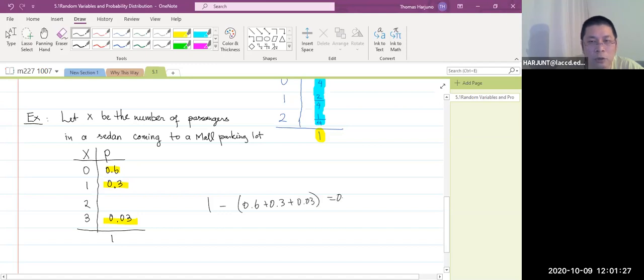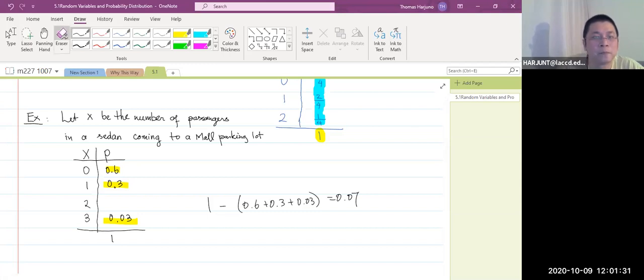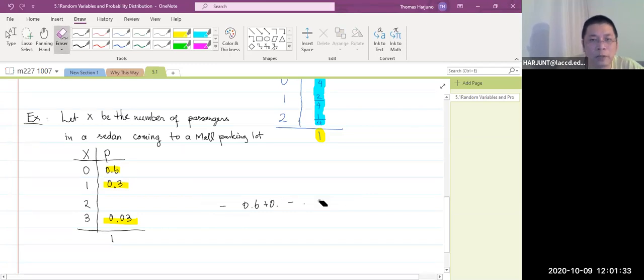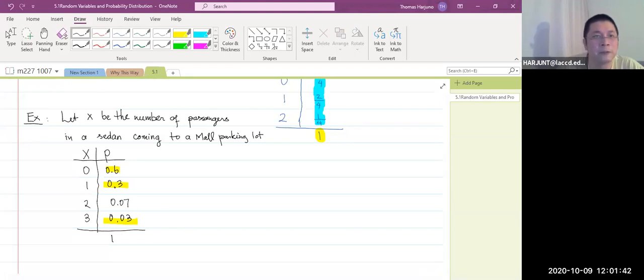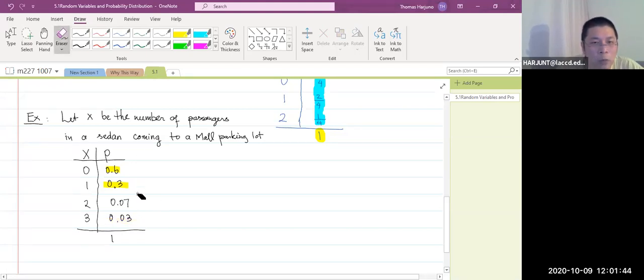It should give you 0.07. Now that's a probability distribution. If the total is not 1, then it is not a probability distribution.